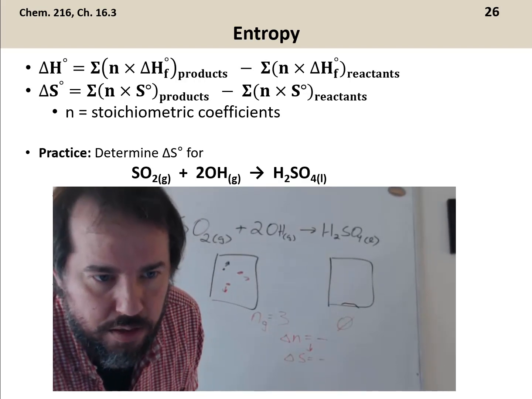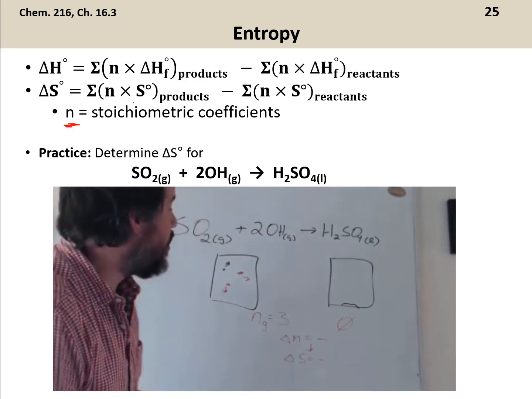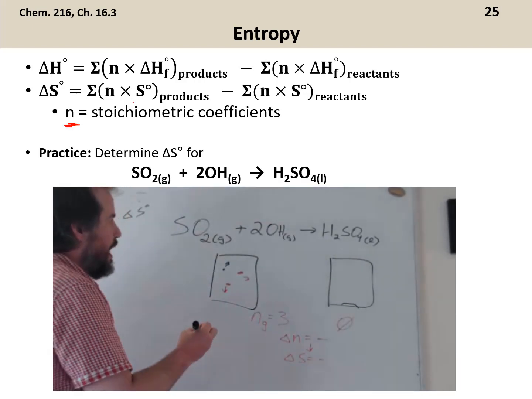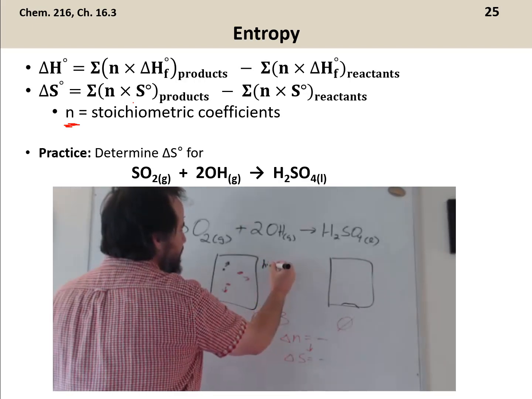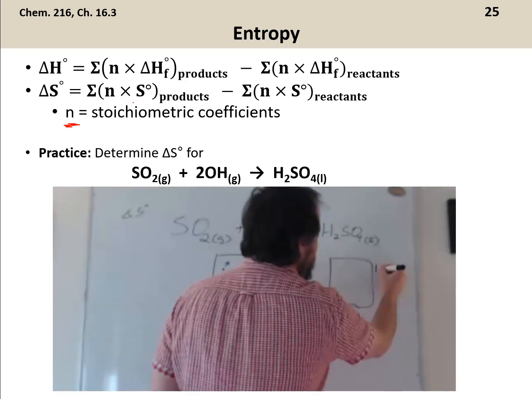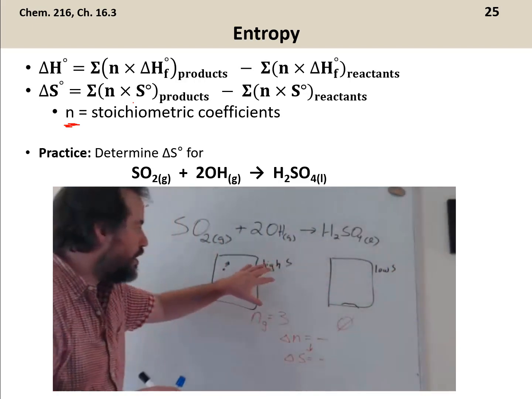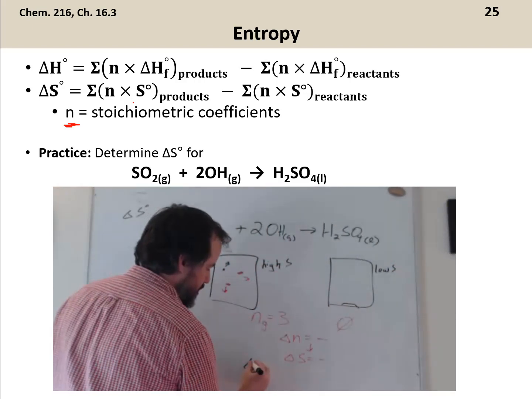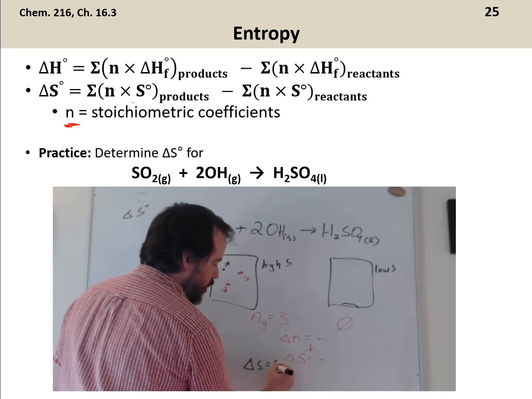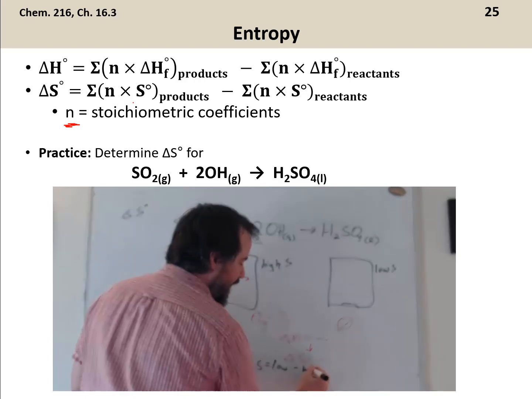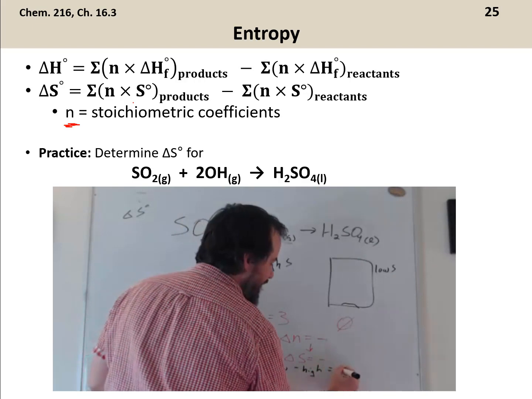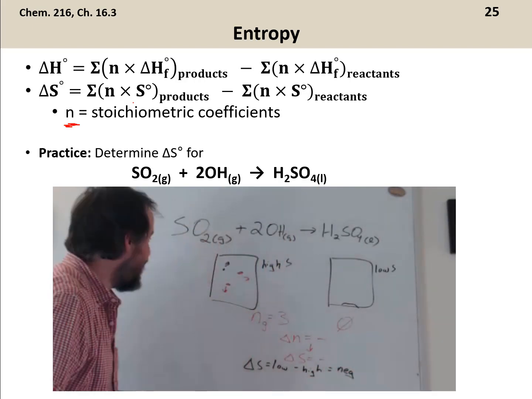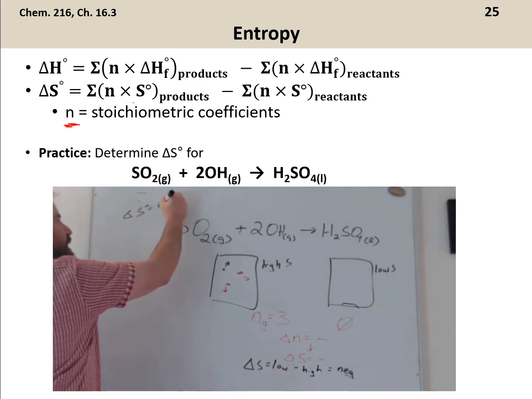Let's put this another way. This is high S. This is low S, right? This is more disorganized. So my delta S is going to be low minus high. That's going to give me a negative value.